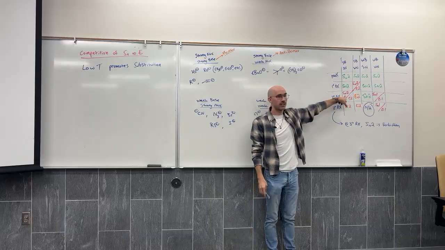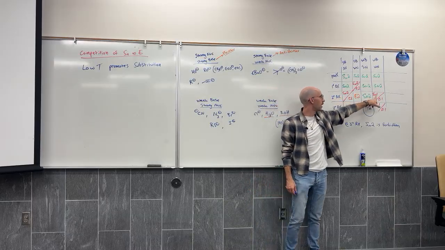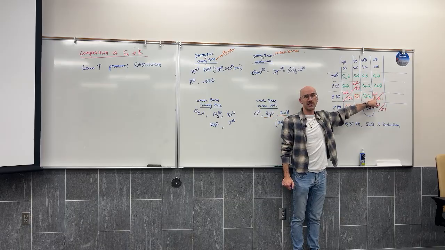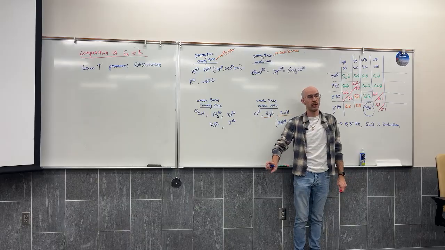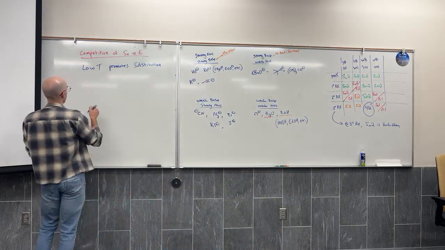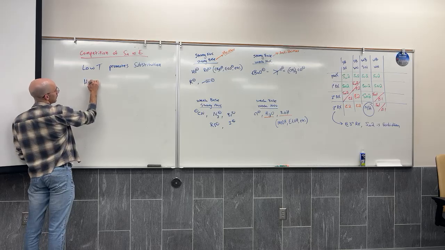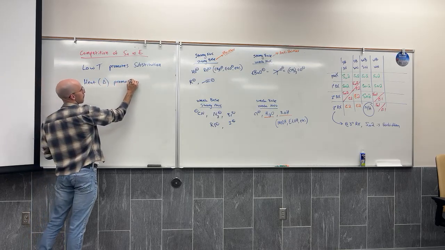Whether we're trying to promote SN2 against a competition with E2, or whether we're trying to promote SN1 against a competition with E1, if we run the reaction at lower temperature, we're more likely to run substitution. Heat promotes elimination.